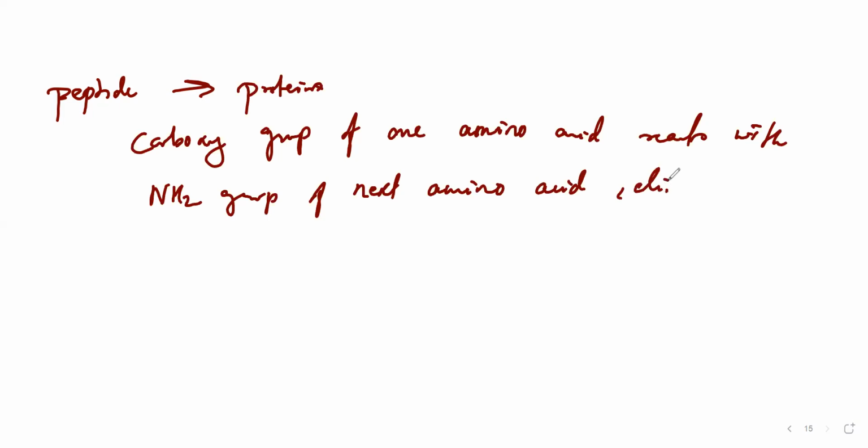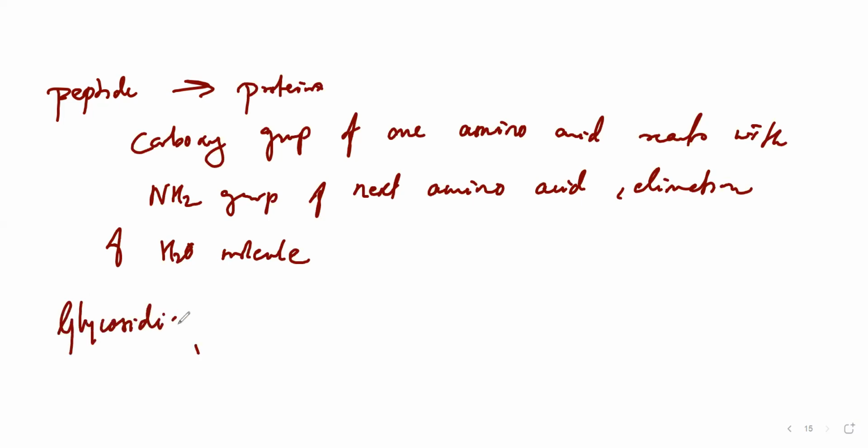An elimination of water molecule. This is how a peptide bond is formed. If we take a glycosidic bond, that is carbohydrates. So in this, what happens is whatever the carbon is there, it will just go and bind to the sugar units. Okay, and here also there will be what? A water removal process.